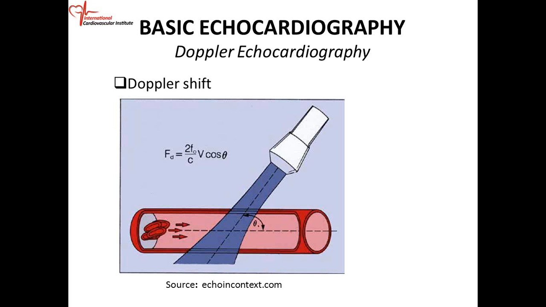If theta is anything greater than 0, the Doppler shift gets less. So you want to get your ultrasound beam as parallel to blood flow as possible, because then theta is 0 and the cosine of theta is 1. Cosine of 0 is 1. Cosine of 90 is 0. Right?